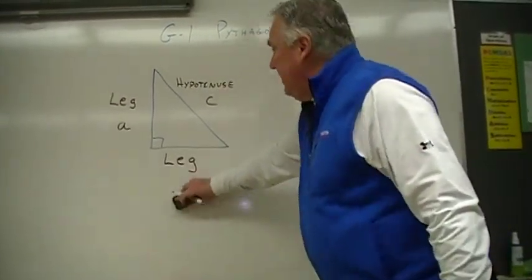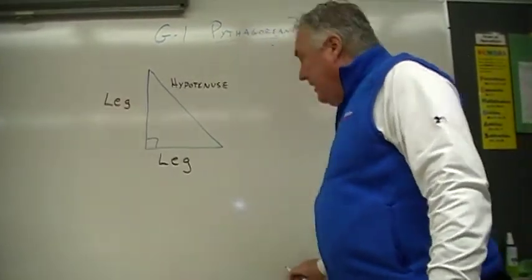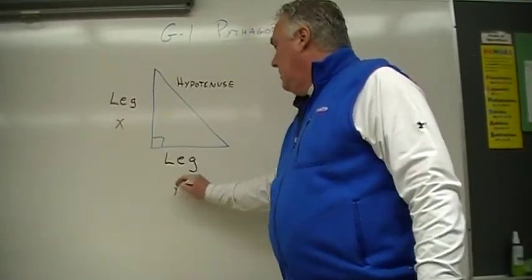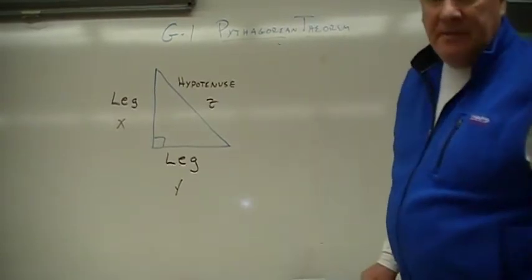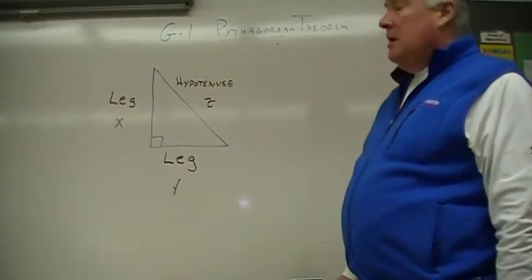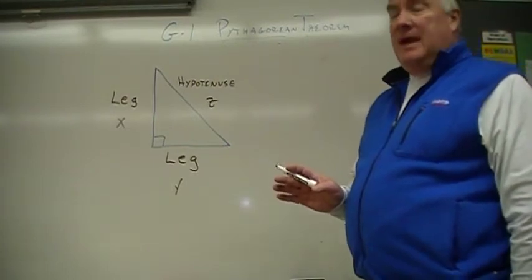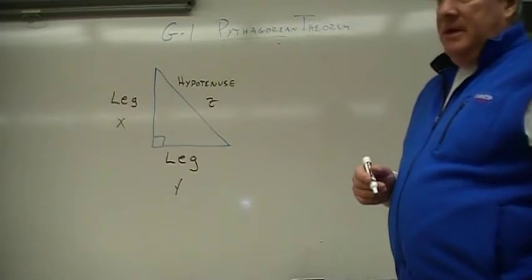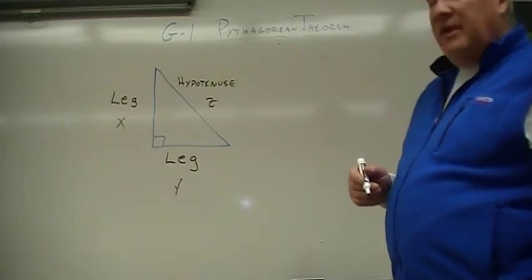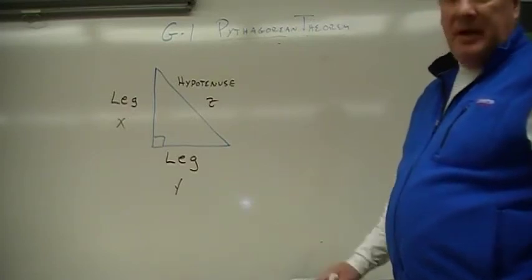But you may see that in some cases we identify those sides as X, Y, and Z. So don't be panicked and say, hey, Mr. S, the sides are not A, B, and C. They're X, Y, and Z. And sometimes that happens.